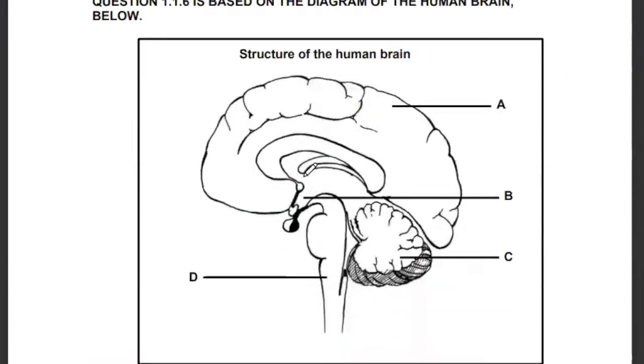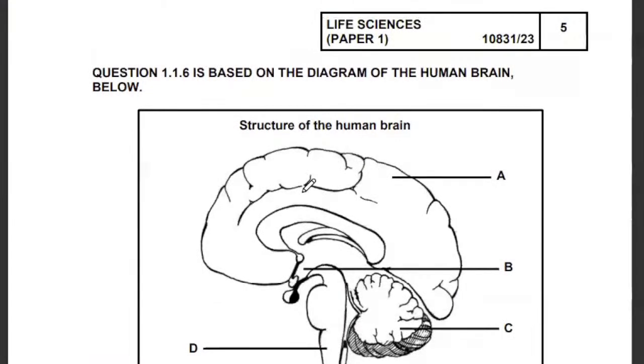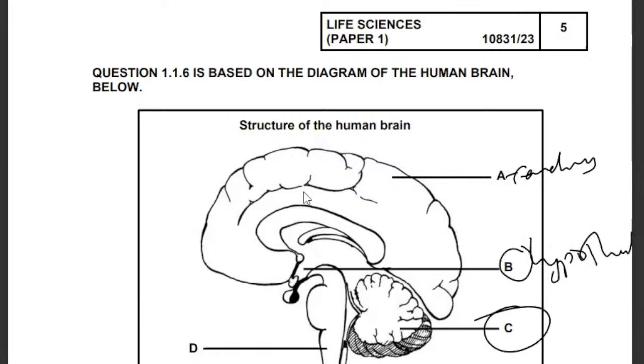Then we go to the structure of the brain. I told you, guys, that whenever they bring a question regarding a structure, make sure that you label everything, and then you'll be able to answer those questions. This is the cerebrum, then this is the hypothalamus, thalamus, and then this is the cerebellum, and this is the medulla oblongata.